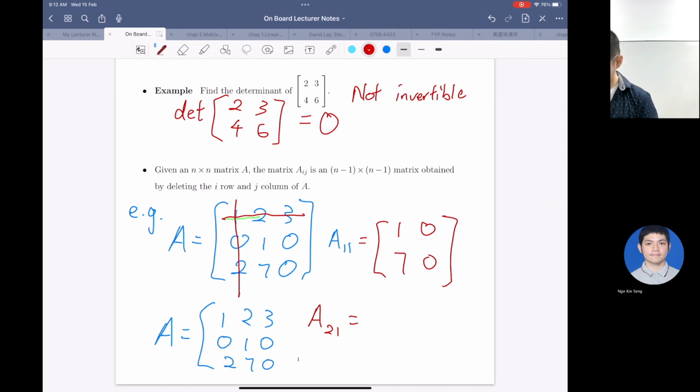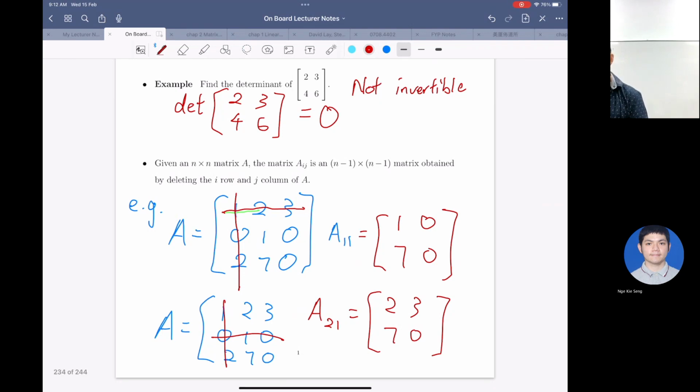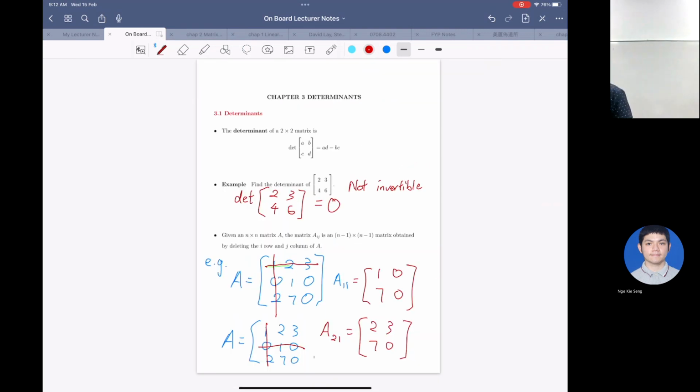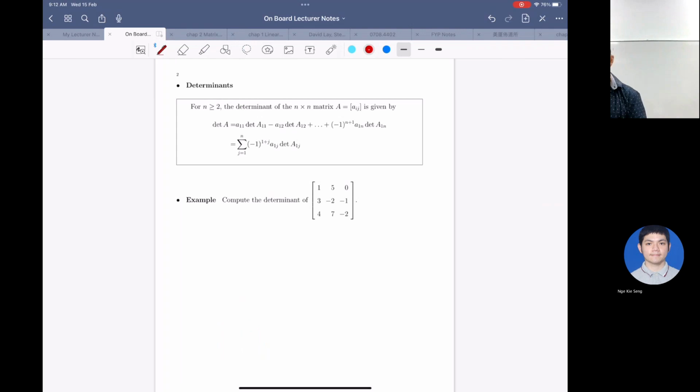The minor I get is 2, 3, and 7, 0. Okay, so this is the notation of Aij, deleting row i and column j. So far, okay? We will see how to use this to build the determinant.